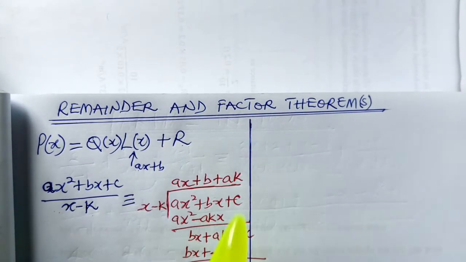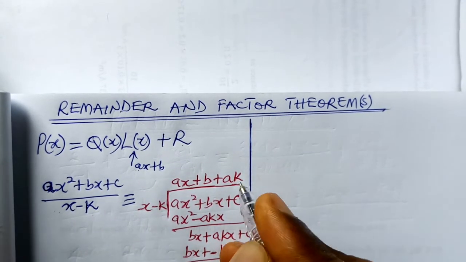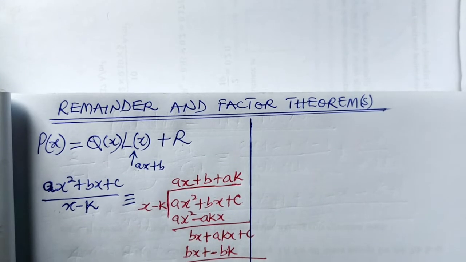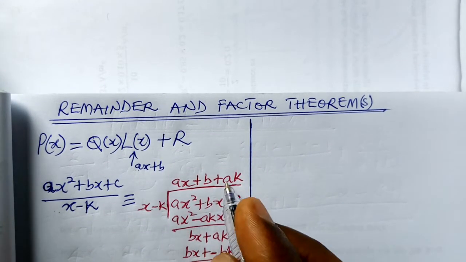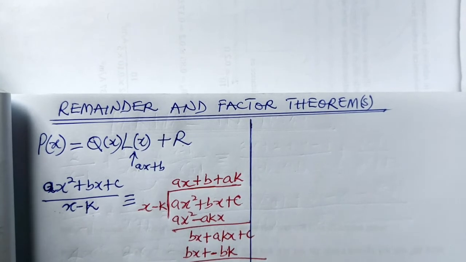So plus ak into here will give us akx, and this into this will give us minus ak squared. So we cancel this, and we have bk plus ak squared plus c.